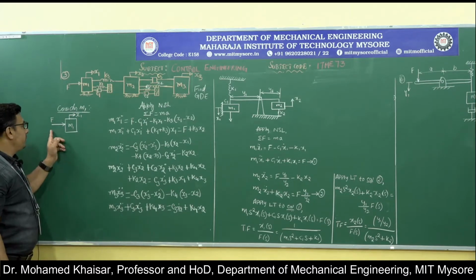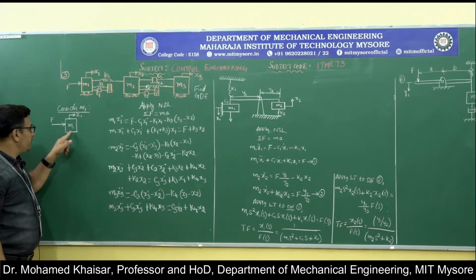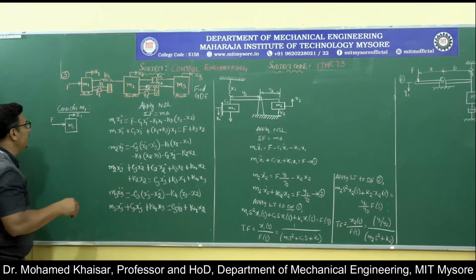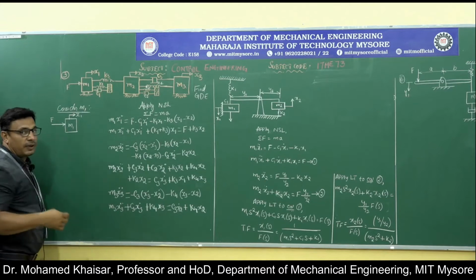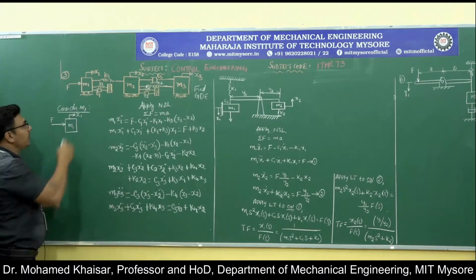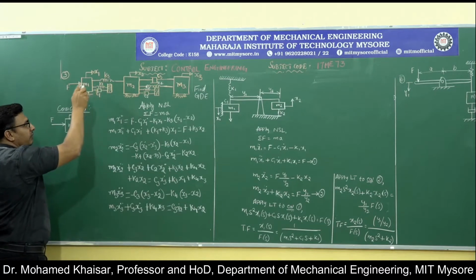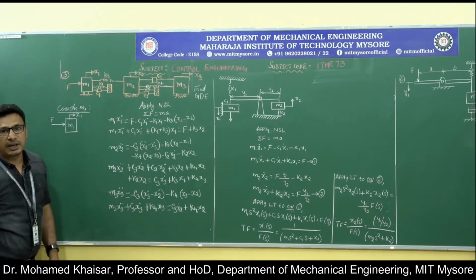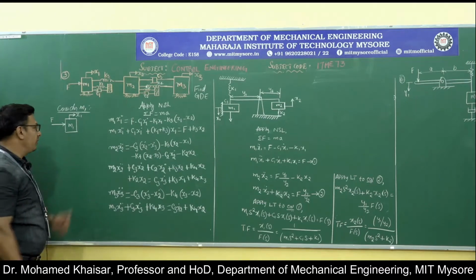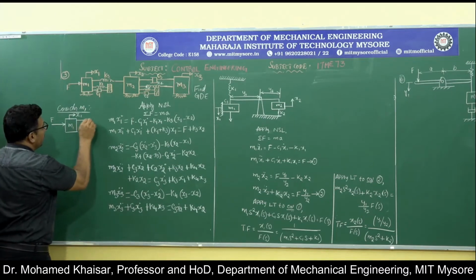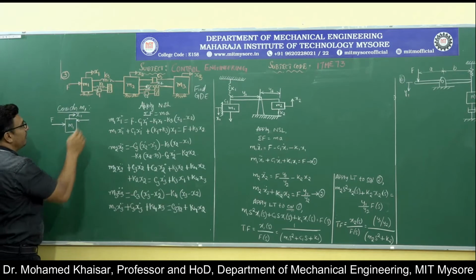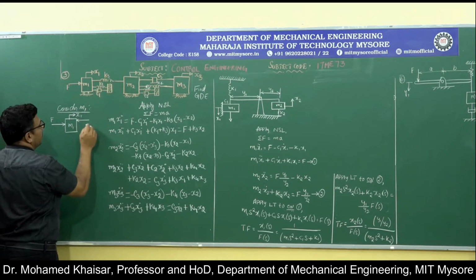Now, when F is trying to disturb the mass by displacing it by a distance x1, what all have come for the rescue of the mass? The spring with stiffness K3, the spring with stiffness K1, as well as the damper with damping coefficient C1. The first resistance to the displacement is offered by the spring with stiffness K3.